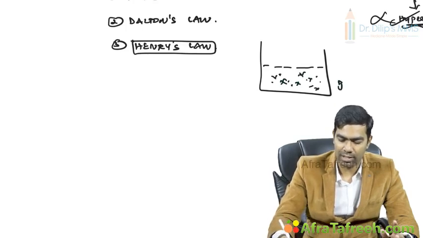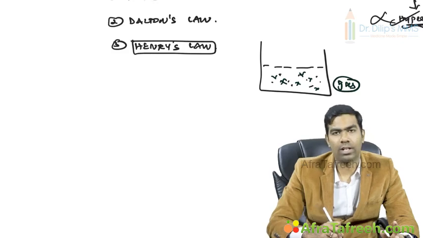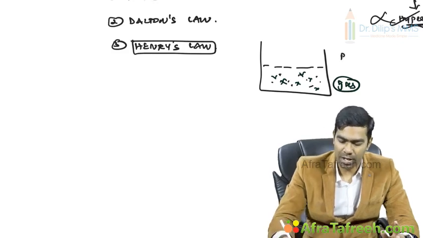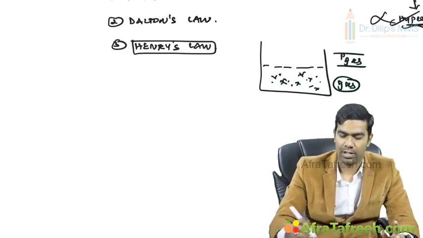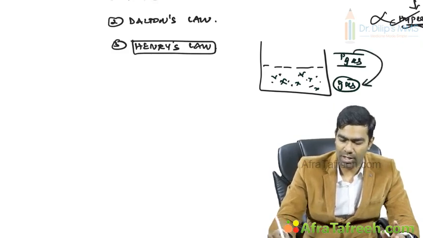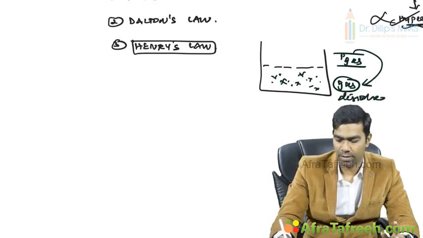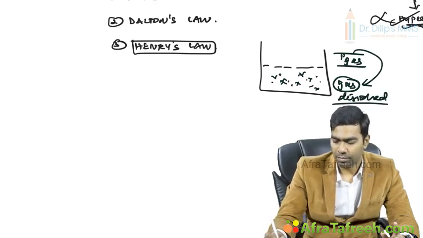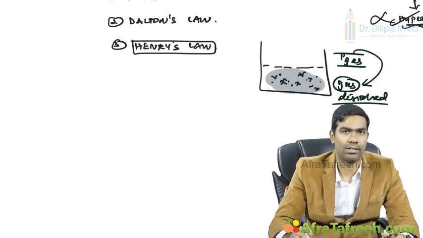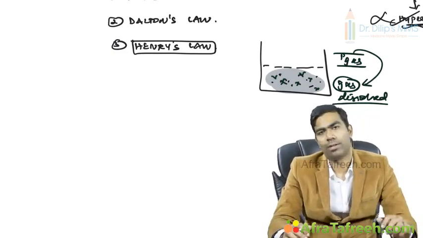The amount of gas that is dissolved in a solution is proportional to the partial pressure of that particular gas. The partial pressure of the gas is the one that will determine the amount of gas dissolved in that solution. Clear? The amount of gas dissolved in the solution is determined by the partial pressure of the gas, maybe outside the solution.